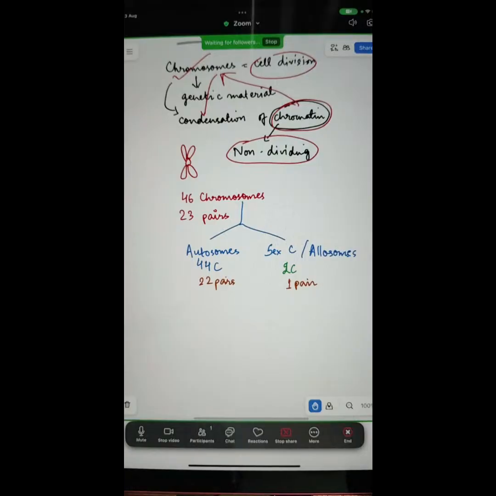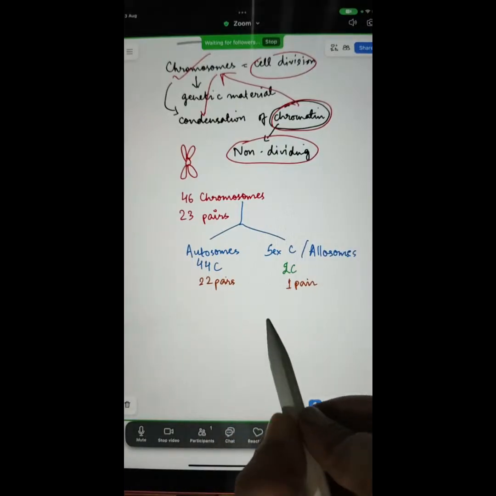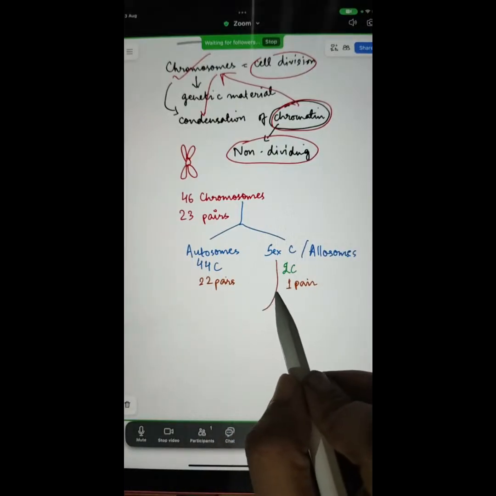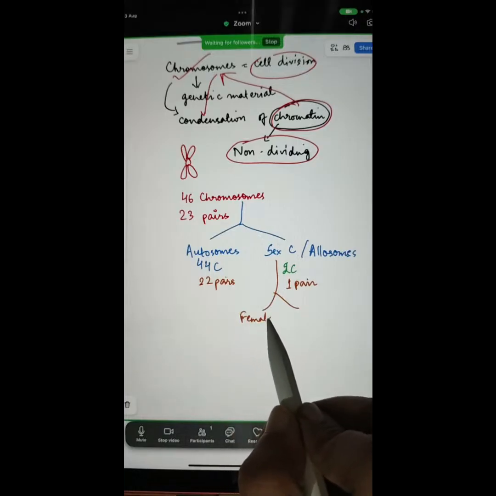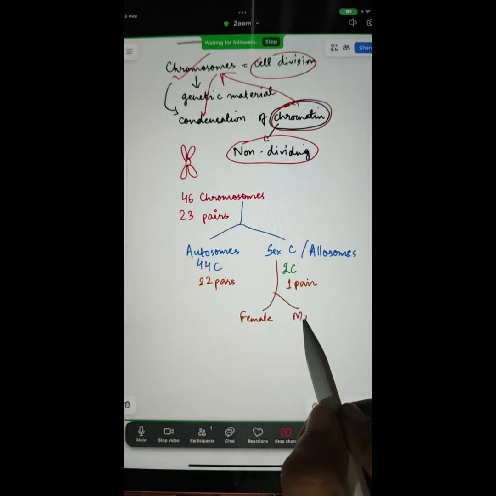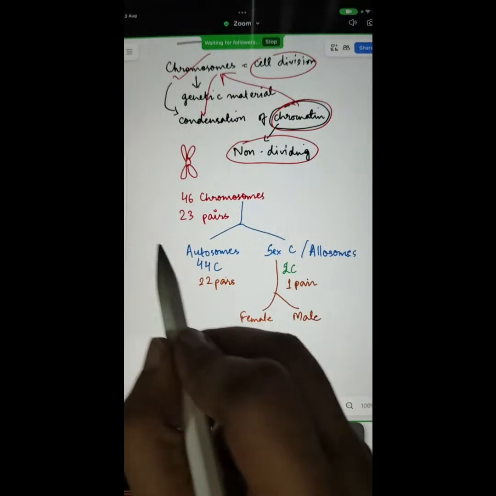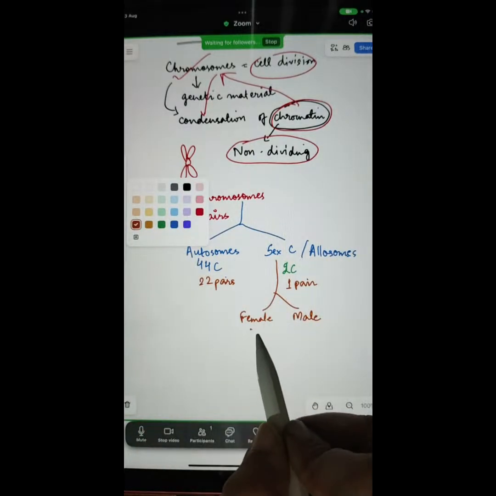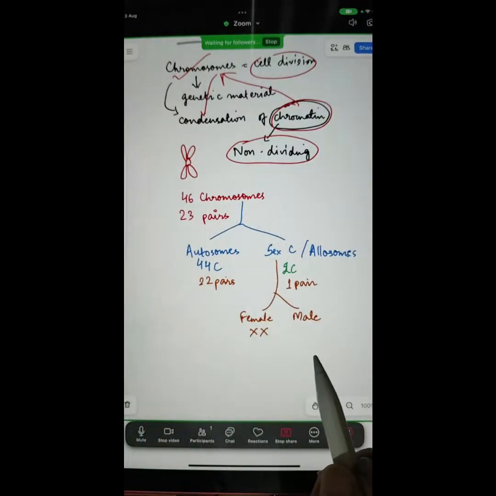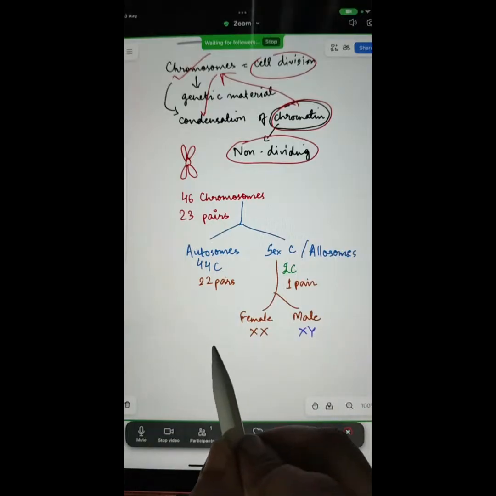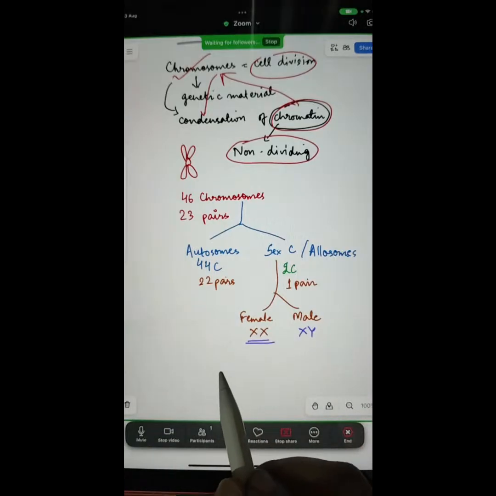So in case I talk about sex chromosomes, we know that if the human beings are normal, then a human is either male or female. In case we are talking about female, the sex chromosomes are XX, and in case of male, it is going to be XY.